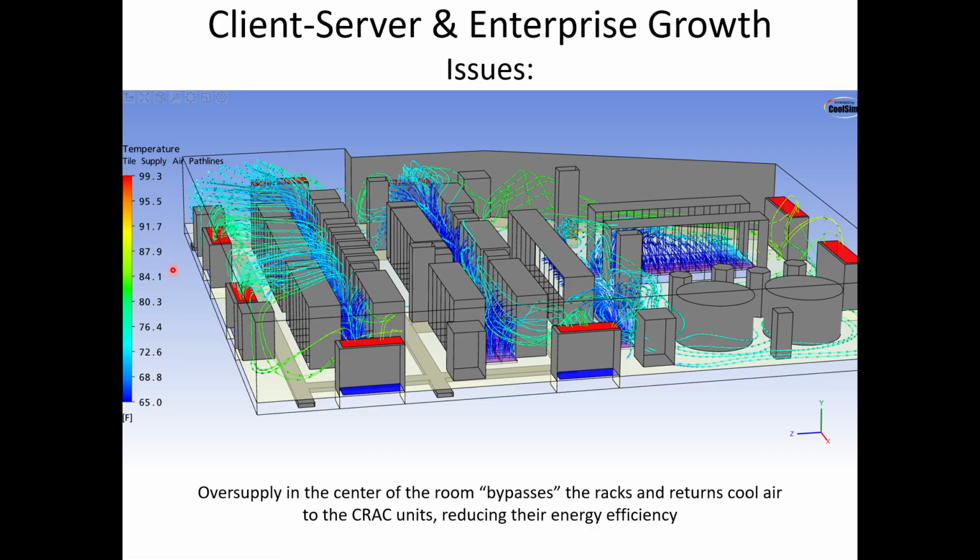This plot is a temperature plot. We're looking at temperature as a function of color. You can see it starts off blue at around 65 degrees Fahrenheit, but as it comes through that room and towards the return, which is supposed to be hot, you can see it's heating up. It's getting up into the 80s. This makes the cooling units less efficient.